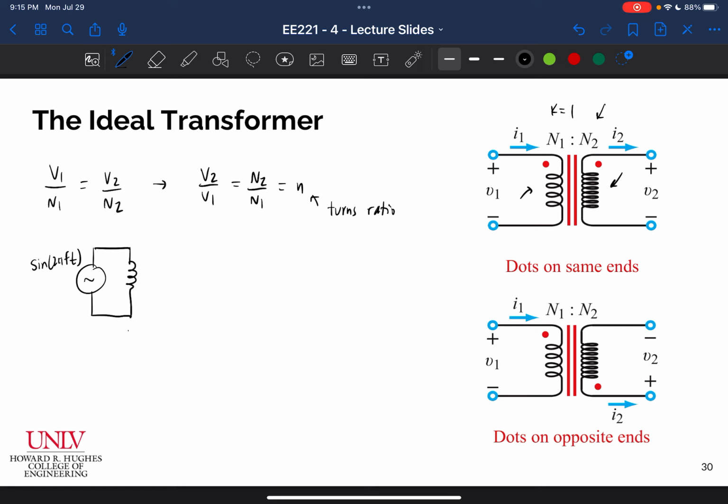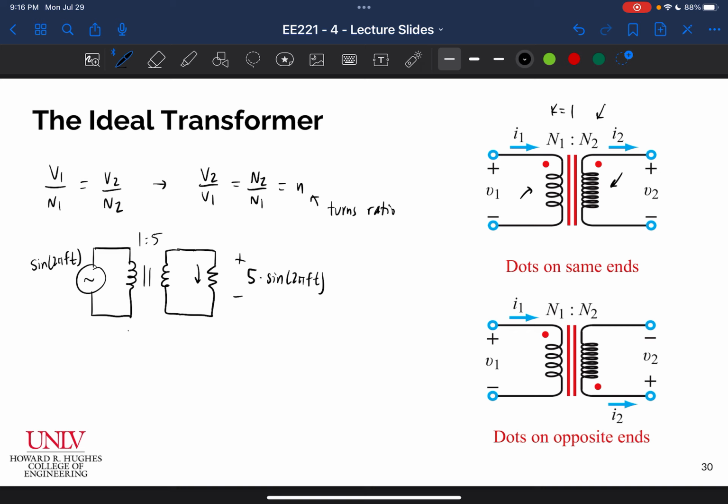Of course, I said that you can't do this, but we're assuming this is an ideal circuit, and it's driving a 1 to 5 step up transformer, and it's driving some load resistance, okay? The voltage that I would see across this load would be 5 times the sine of 2 pi ft. That's just the nature of the step up transformer. We don't have to do any deeper analysis than that, and then we could determine the current flowing here and so on. That's the beauty of the ideal transformer.